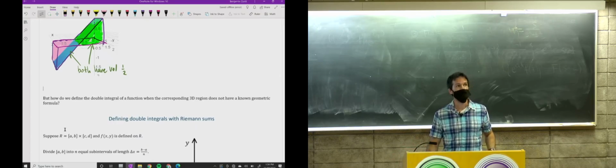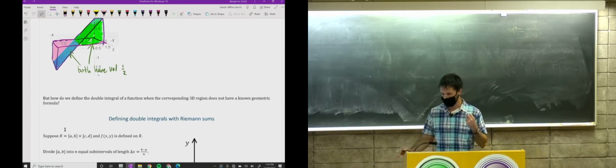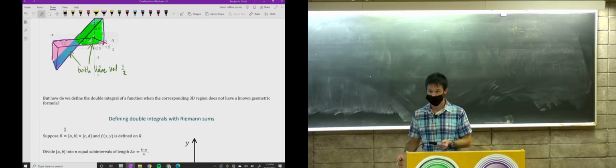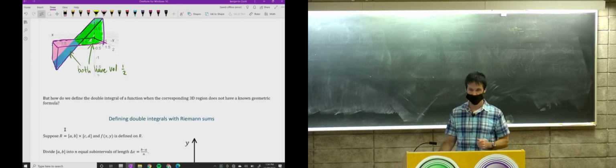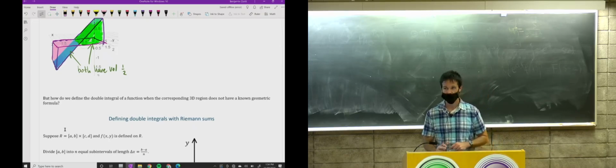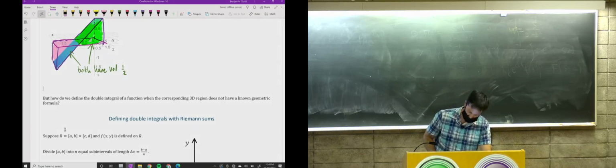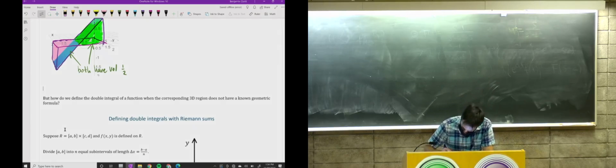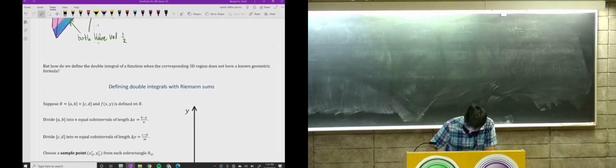So, just like we did back in 10b, we have an equivalent definition of the integral in terms of Riemann sums. So let me attempt to define a Riemann sum for a double integral now. And this part's a little bit technical, so bear with me.